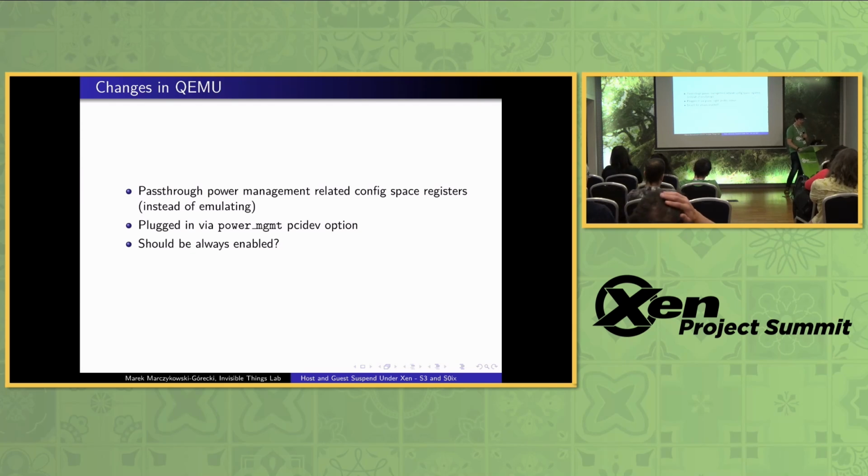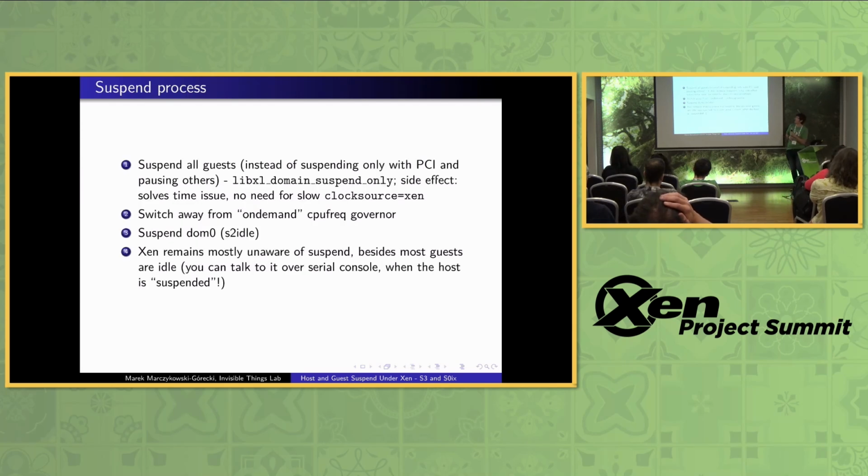Okay, so how does the suspend process look? We suspend all the guests. So here's the libxl function name. This time we suspend all the guests, not only those with PCI devices, which has a nice side effect: we don't need the clock source Xen anymore, because the Linux kernel knows that suspend happened and needs to resync the clock after resume.